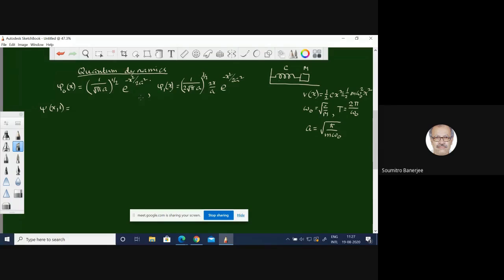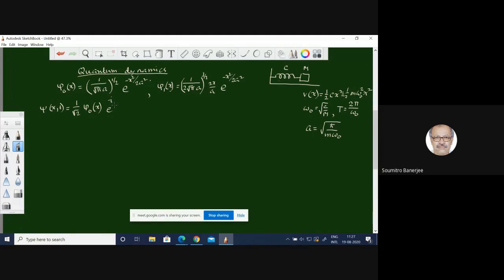That means half of it is this, half of it is that, so it will be 1 by root 2, because the square of that has to be there. 1 by root 2 of this, 1 by root 2 of that. It will be ψ0(x), and then the phase factor will be e to the power minus i.